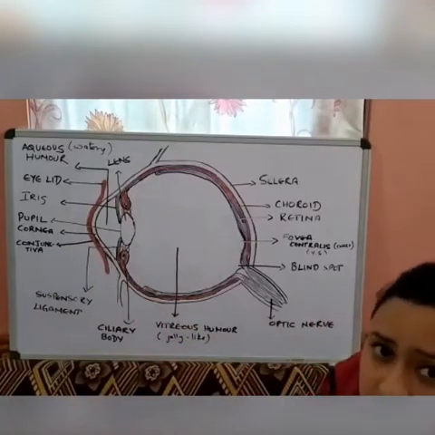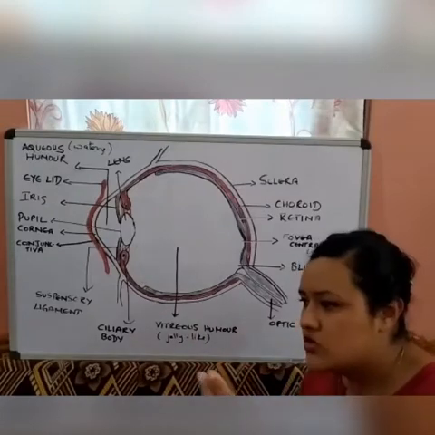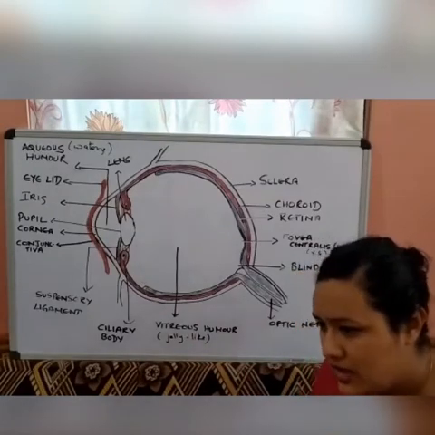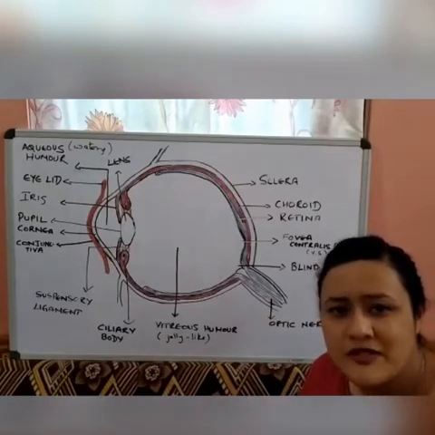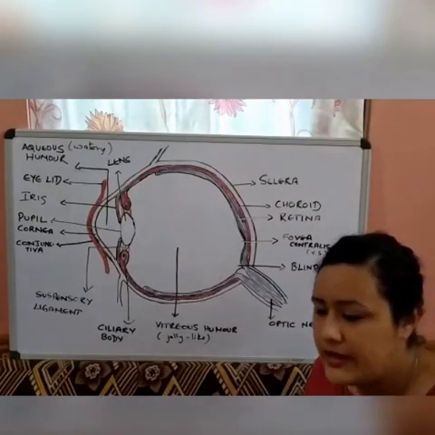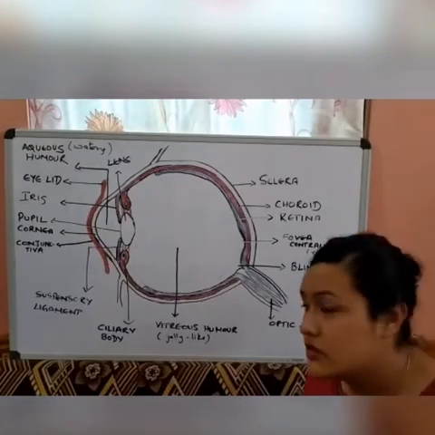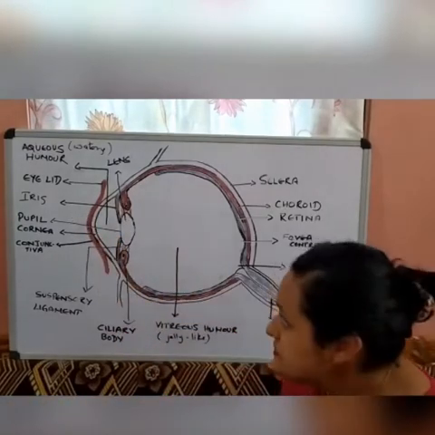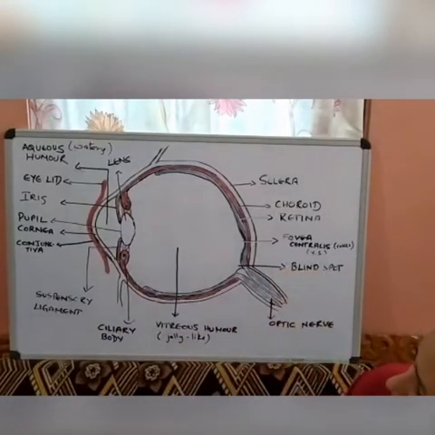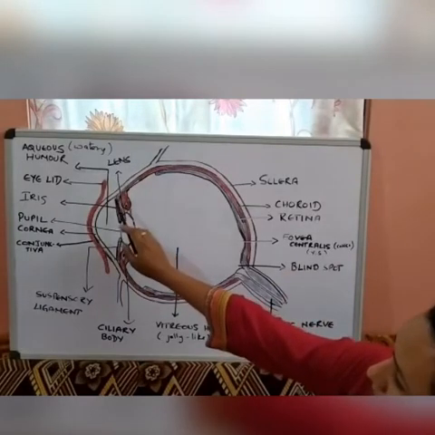They are the colored part of the eye, and that gives the color to your eye. Sometimes some have bluish color, some have brown, some have dark brown or black. Sometimes it appears green in rare cases. That is due to the color of the iris. This iris also has muscles.